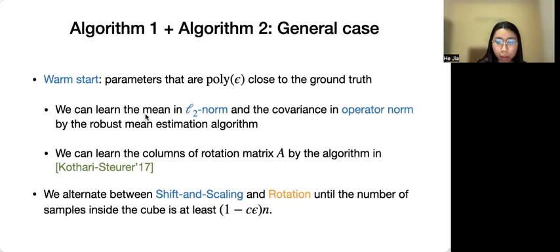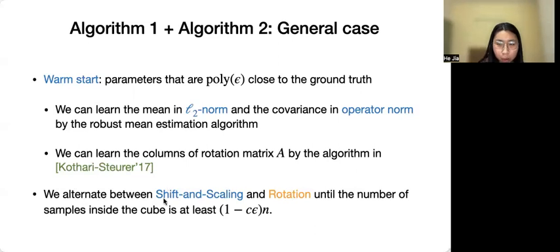We can learn the mean in the L2 norm and covariance in operator norm by the robust mean estimation algorithm. And we can also learn the rotation matrix. The first part is the shift and scaling, and this one is the rotation matrix. We can learn the rotation matrix by the algorithm in Kodari and Stura, and they gave us some error bound in parameter distance. This is good enough as a warm start.